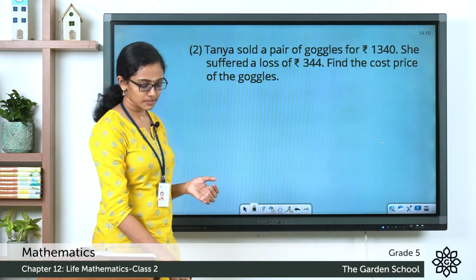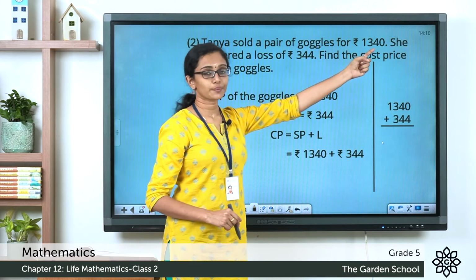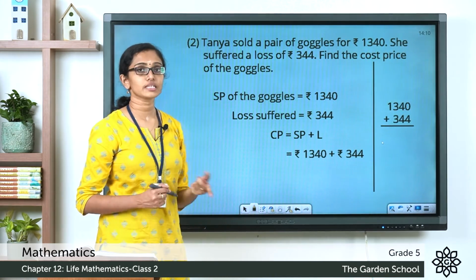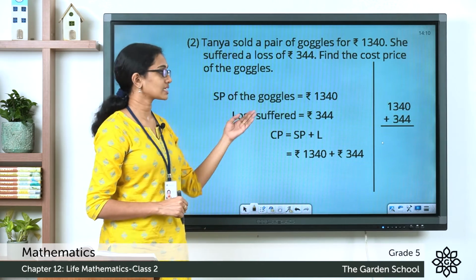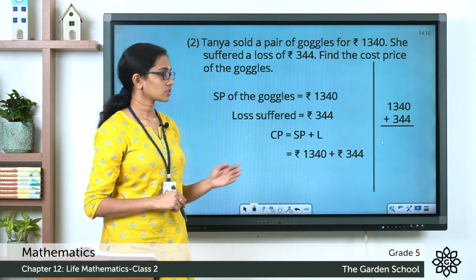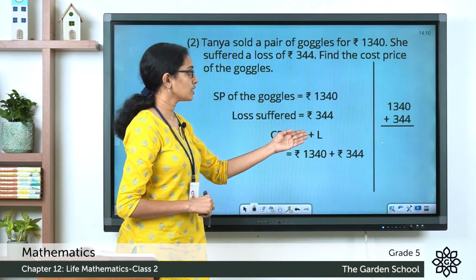So let's see the steps. The selling price of the goggles is equal to rupees 1340 and the loss she suffered is equal to rupees 344. And since it is a loss, the cost price should have been a higher amount. So the cost price is equal to the selling price plus loss.